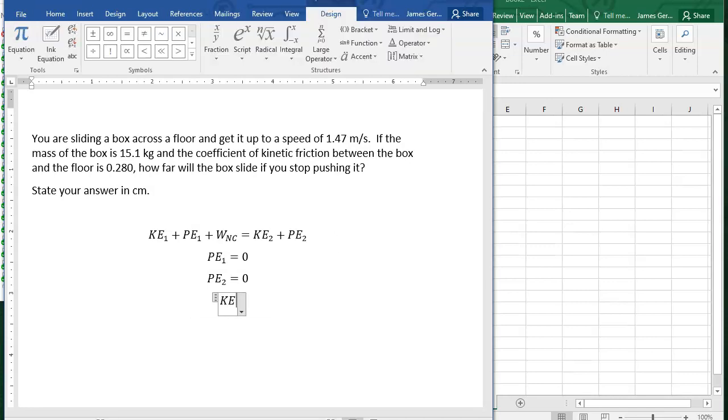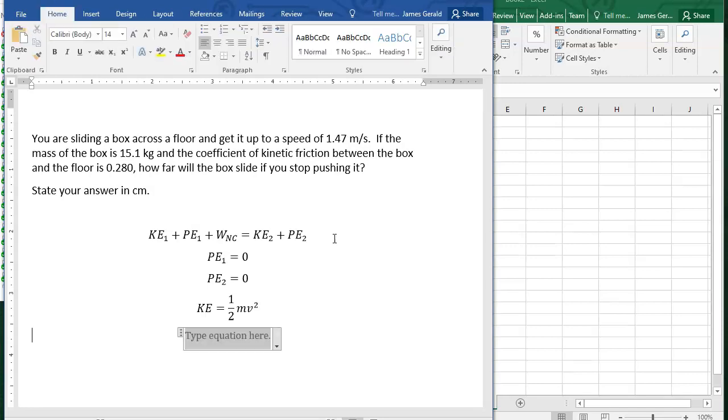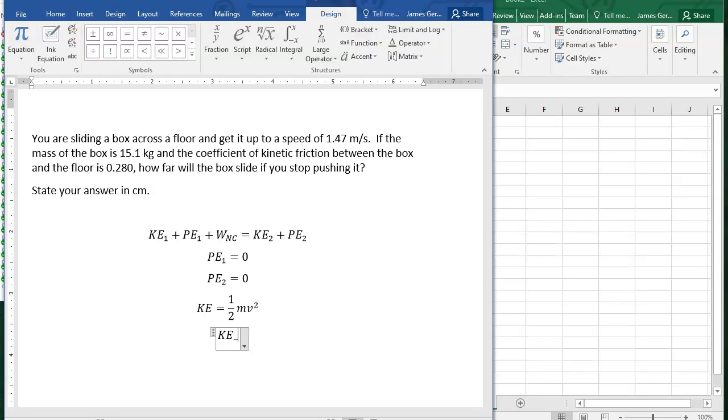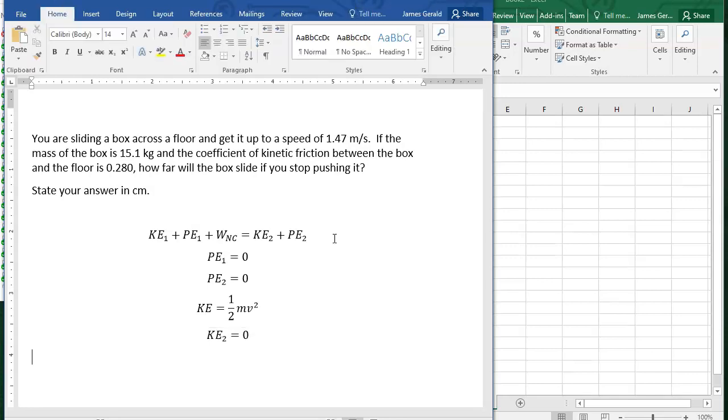And we know that kinetic energy is 1/2 mv squared. Well, when it comes to a stop, the velocity is 0. And because we know the velocity at the end is 0, we know that kinetic energy too is 0. So all we're left with is kinetic energy at the beginning.